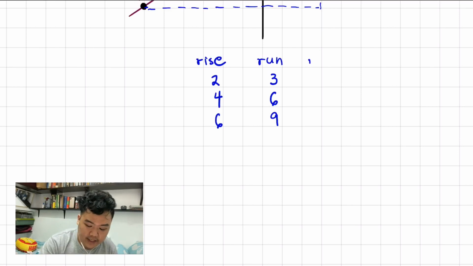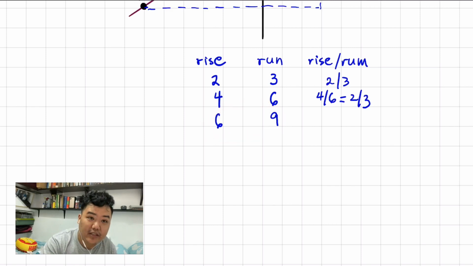When you get the ratio of rise and run, for the first one we have 2/3. For the second pair, we have 4/6, which is the same as 2/3. And the last, we have 6/9, and when you simplify 6/9, you get 2/3.